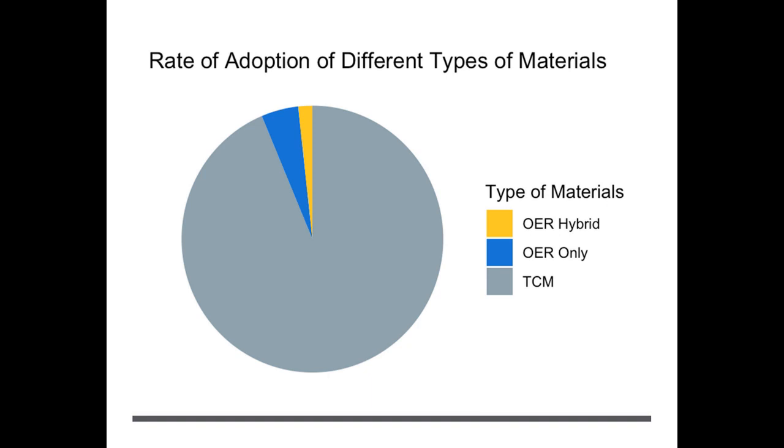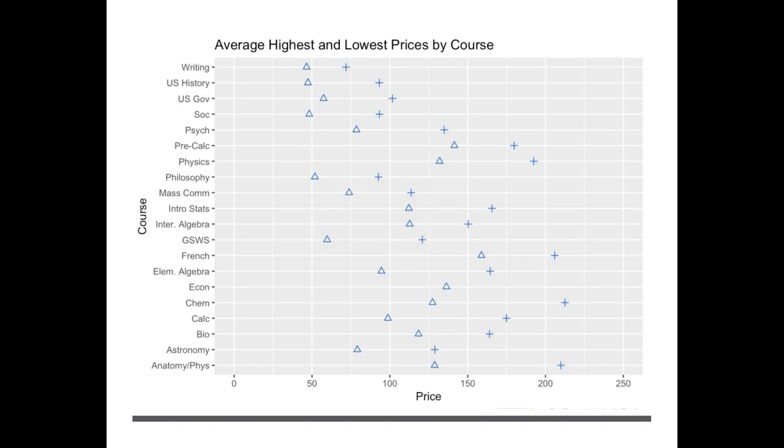And a little over 4% are OER only, and a little over 1% are OER hybrid. So that was one of the kind of unintended consequences of this study, was it gave us a nice empirical view over a stratified random sample of institutions as to what the OER adoption rates nationwide look like.